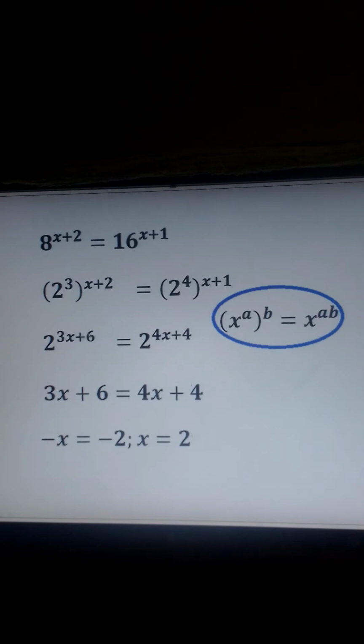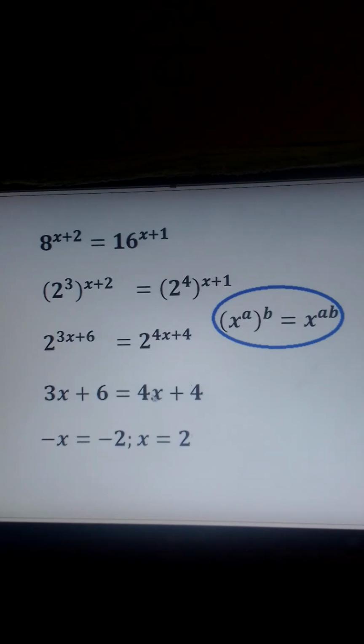So we have these two terms here. They are equal, and we can equate the powers because they have the same base. So we equate 3x plus 6 to 4x plus 4. To solve this equation, we collect like terms.